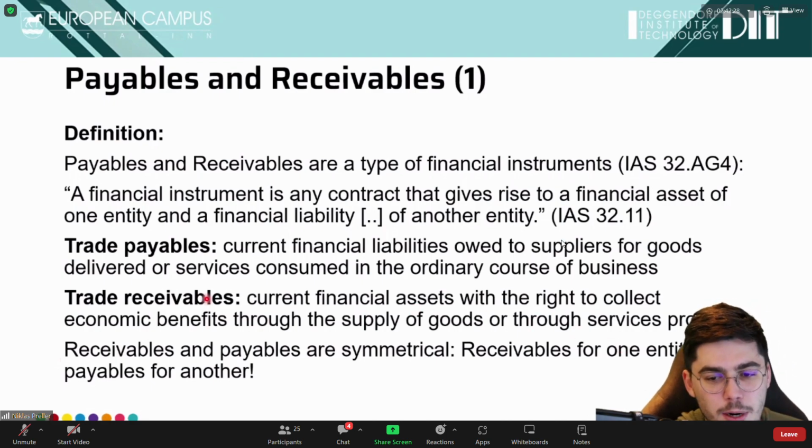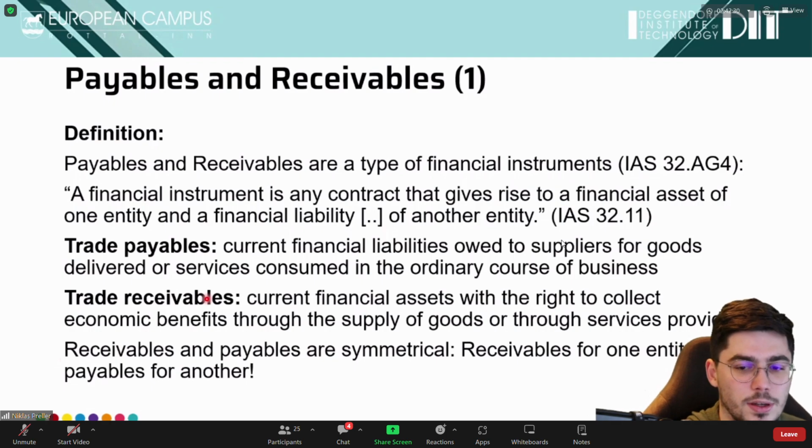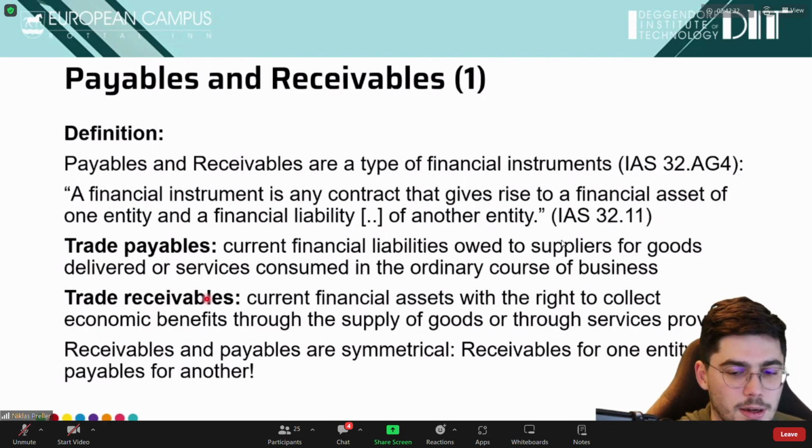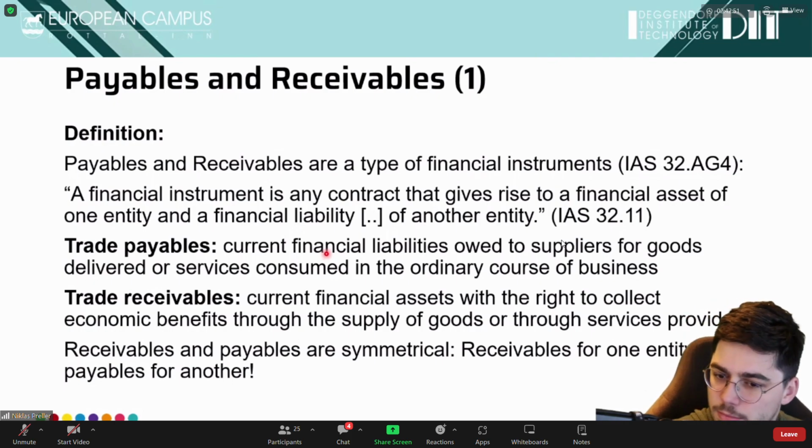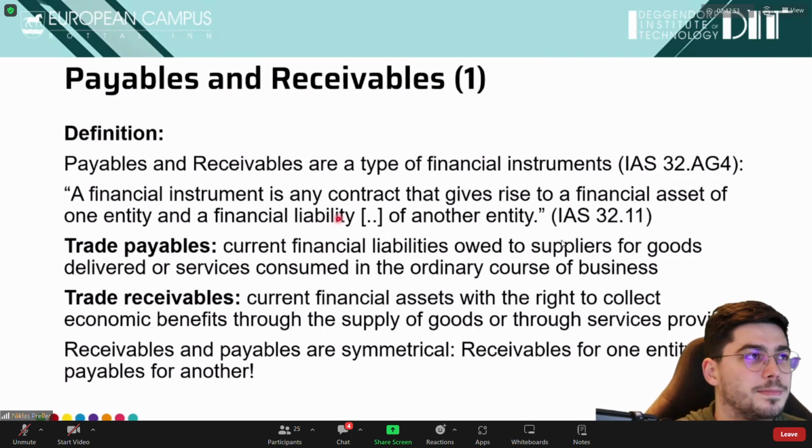If we send an invoice to any kind of customer, we have a trade receivable on our end, and as soon as the customer gets the invoice, they will have a trade payable, so they have to pay that. So those are symmetrical over the whole business world, so to speak.